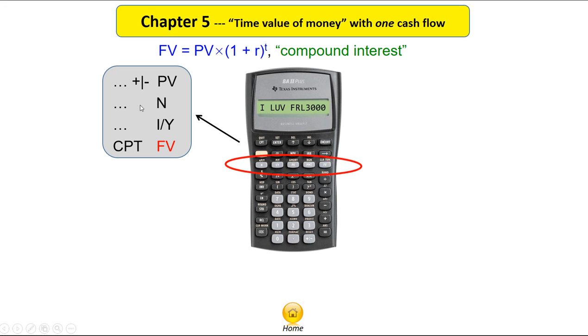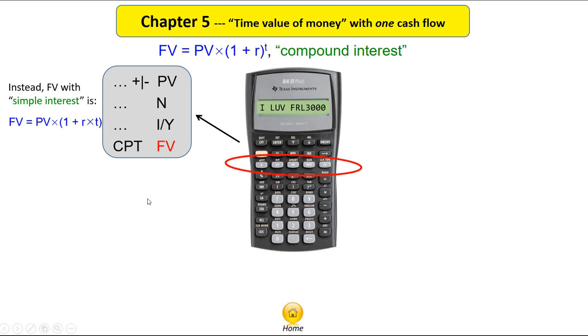Then you enter the number of time periods, which is N, or T in the future value formula, the power. Then you enter the interest rate per time period, which is usually per year in most numerical examples. That's I/Y, interest per year. In the future value formula, if you use it by hand, that's the lowercase r.